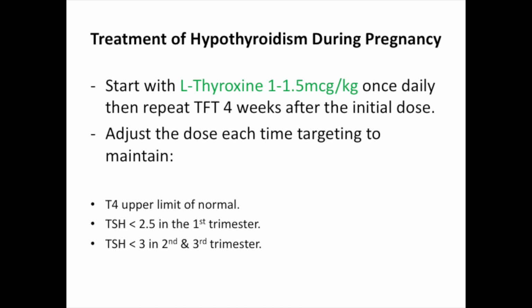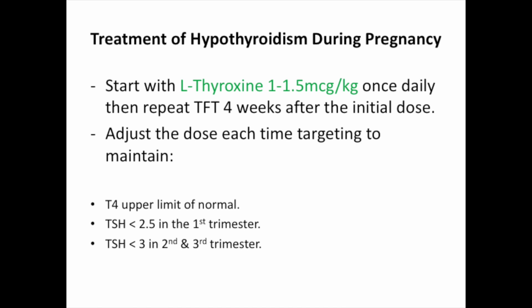And how to follow the effect of your medication on the mother? By repeating her thyroid function test 4 weeks after you started the treatment and finding out whether you need to increase or decrease the dose you gave her. Adjust the dose each time, targeting the trimester-specific TSH range.